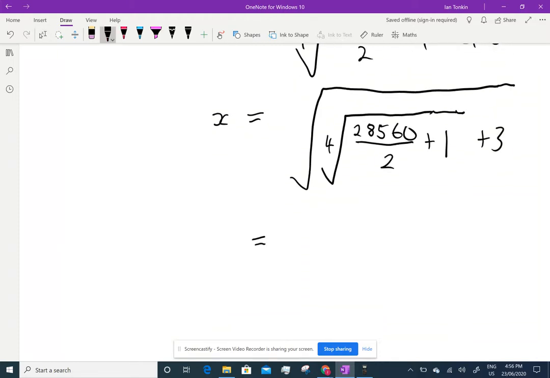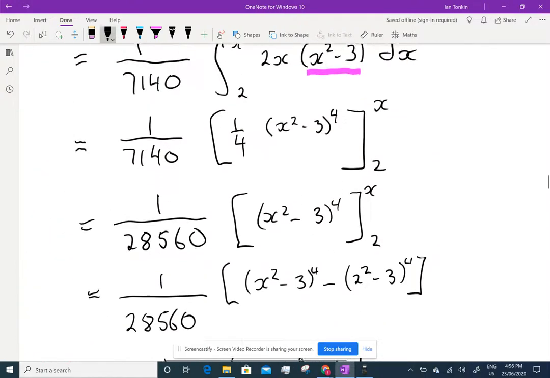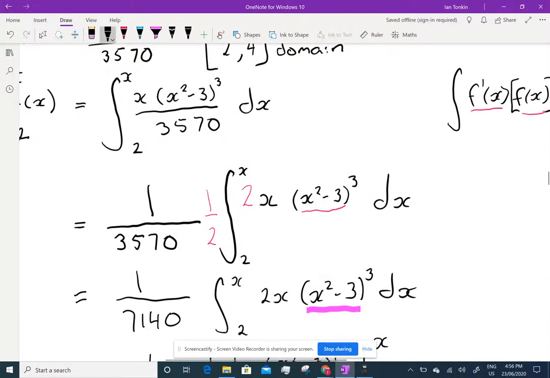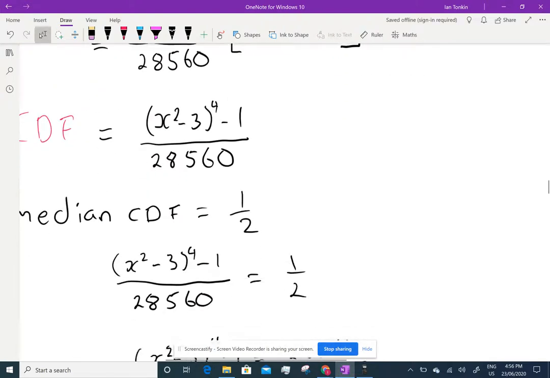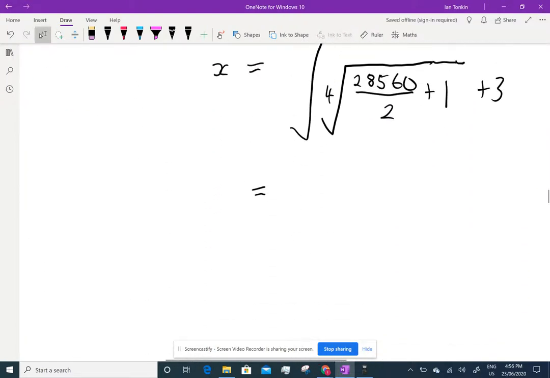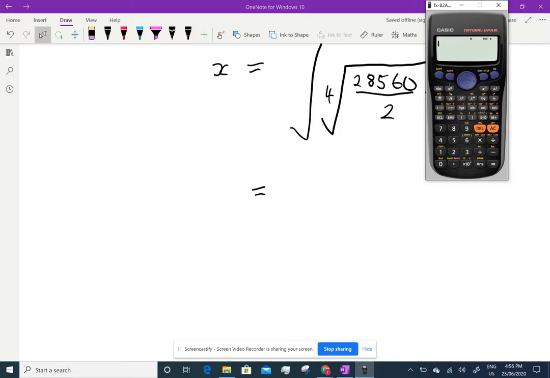Now in my head, I need to remember that my domain is between 2 and 4. So I need to get an answer when I do all this between 2 and 4. So I need the square root of the 4th root. So I have to go shift here, put a 4 in there, get inside there, put a fraction, 28560 over 2.